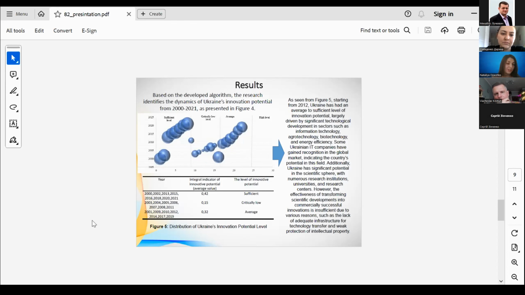We also use taxonomical analysis, and afterwards we divided this indicator into the levels low, significant, average, and high, and it helps us to show the dynamics of innovation potential of Ukraine, and afterwards it will help us with modeling, to find the management actions for each period, and to understand the root causes and possible actions. So it was a brief description of features, actions, and steps of the analysis.